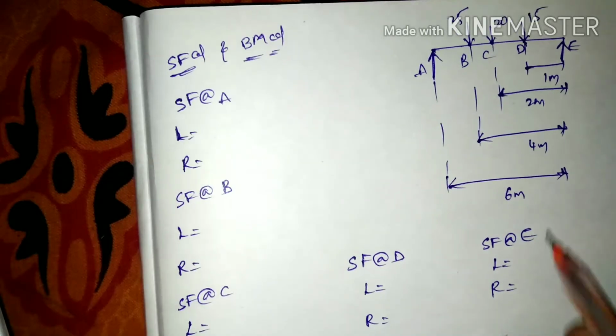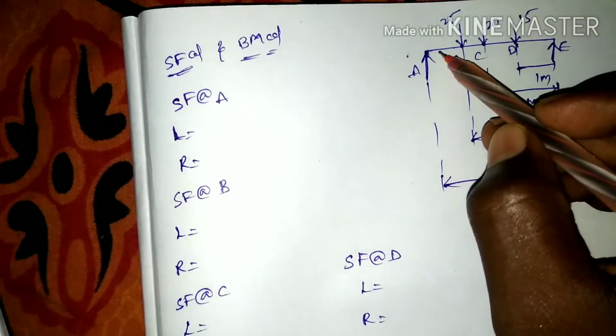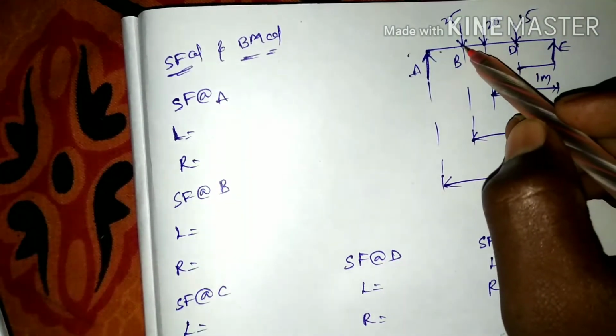And by these individual reactions, we are going to find the shear force calculation and the bending moment calculation. For the shear force calculation, we are going to take the left and right of the supports and point loads.